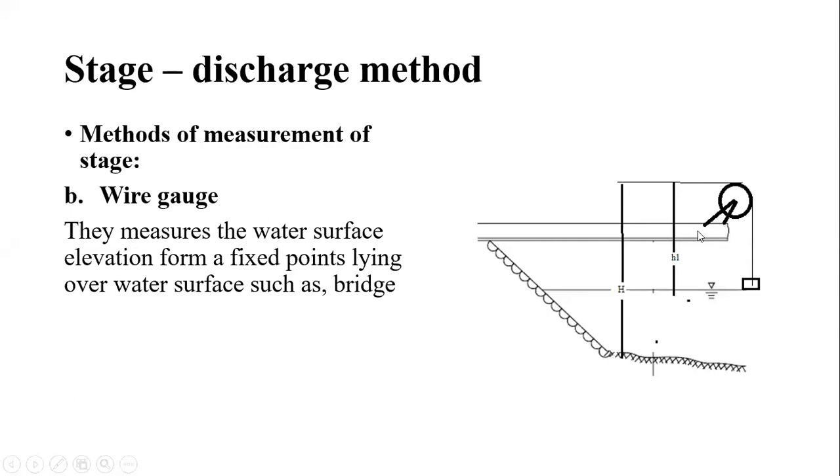This is a fixed point, bridge is a fixed point now here, which is lying above the water surface, such as a bridge, etc. That may be the bridge or that may be any overhanging structure which has been constructed for a measurement of a height of the water from that particular section. यानी कि यहाँ पे हमने क्या किया, we have measured the water surface elevation from the top surface and we have deducted that from the total height so that we used to get a stage at that particular location. So this is a wire gauge.